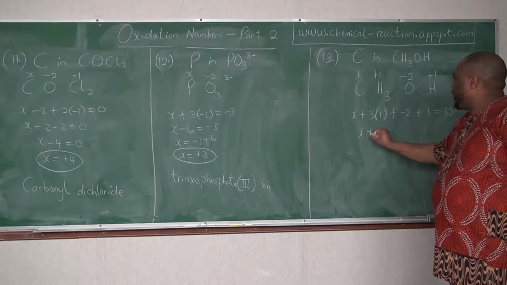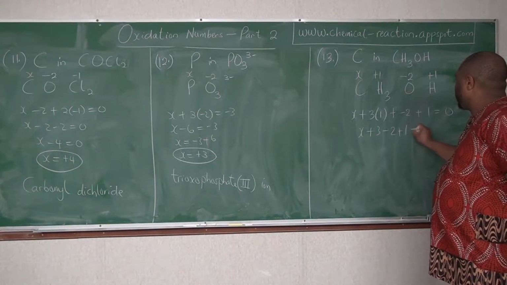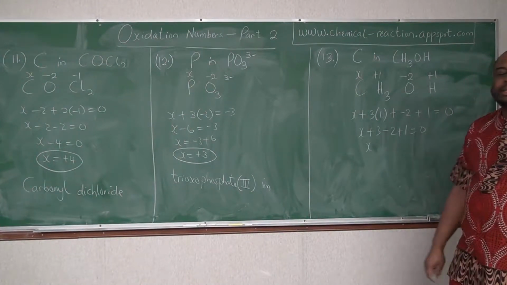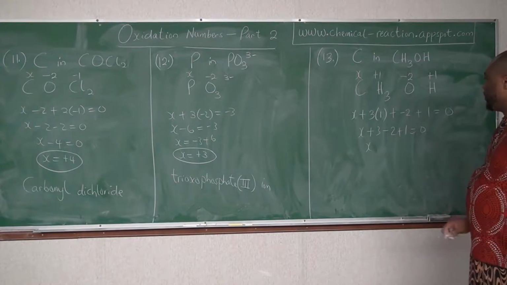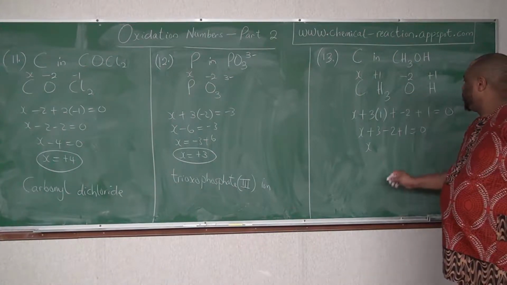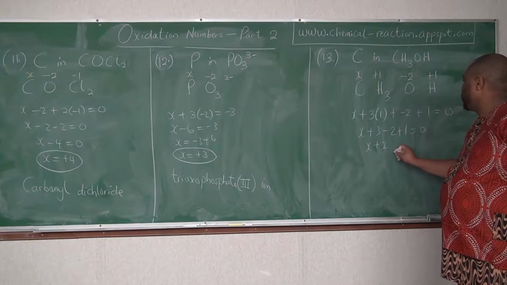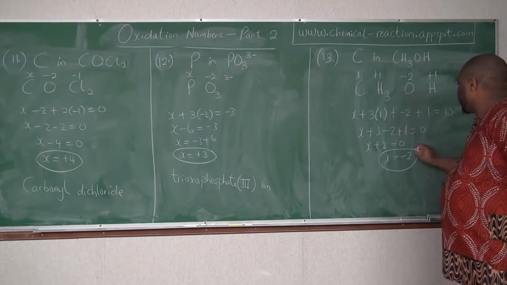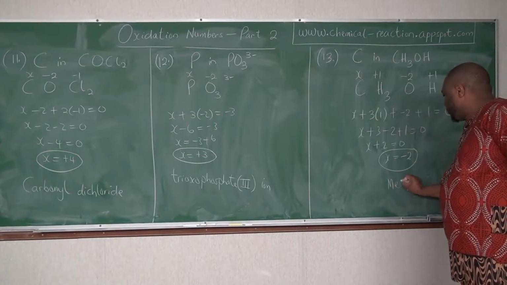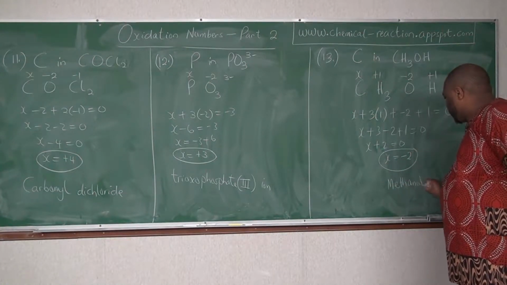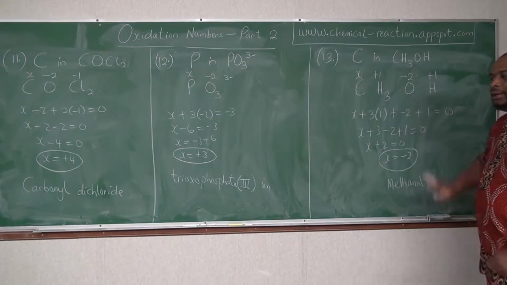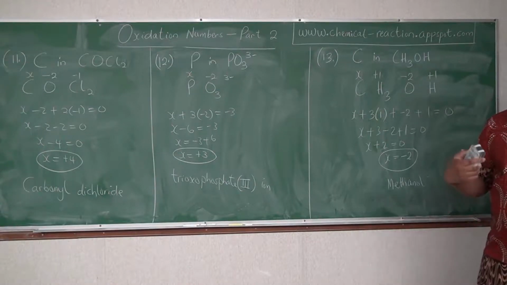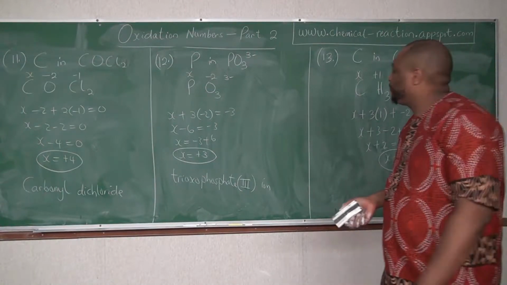So X plus 3 minus 2 plus 1 equals 0. 3 minus 2 is 1, 1 plus 1 is 2. So X plus 2 is 0, so X is -2. And this is your methanol. When you do organic chemistry, you come to naming compounds according to IUPAC nomenclature.